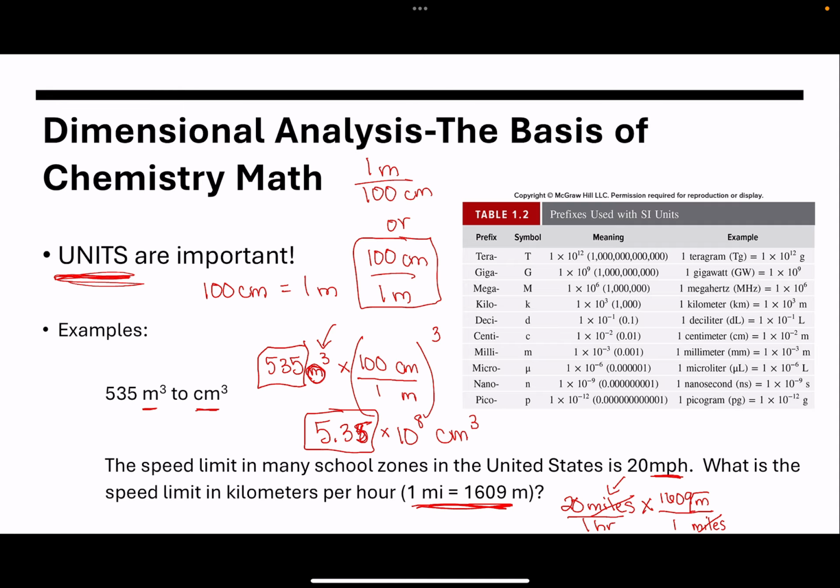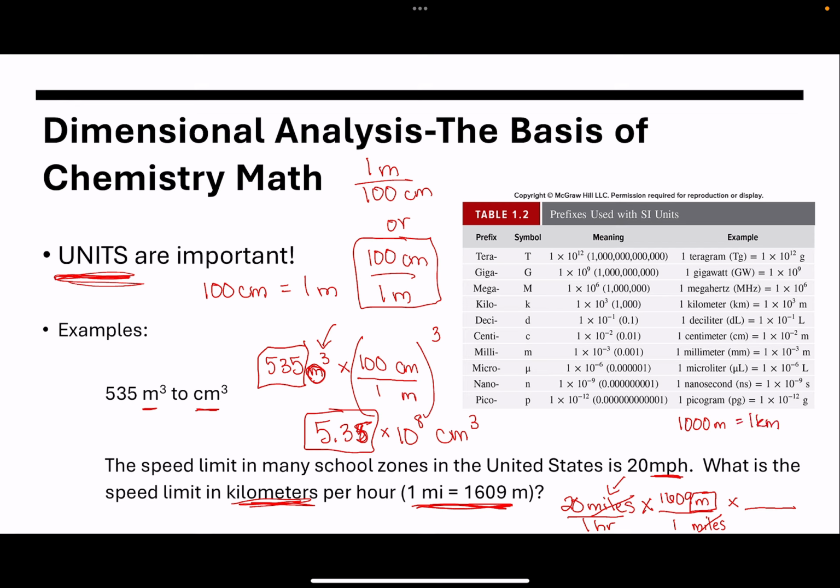But we are at meters now, and we don't want to be at meters. We want to be at kilometers. So we will have to continue on with another conversion. And here we know that, let me write it up here, 1,000 meters equals 1 kilometer.